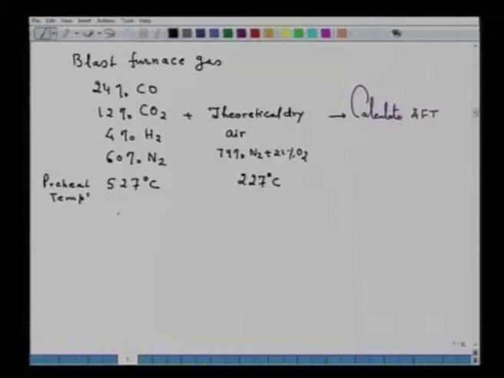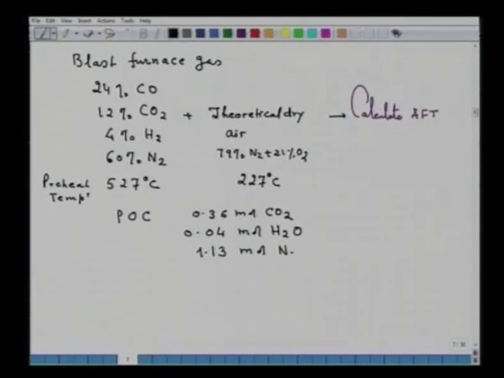The products of combustion which will result on combustion of blast furnace gas with theoretical amount of air will be equal to 0.36 moles CO2, 0.04 mole H2O, and 1.13 mole nitrogen.